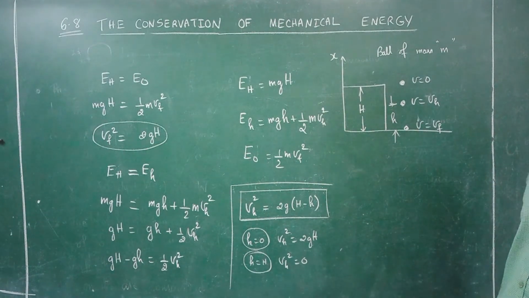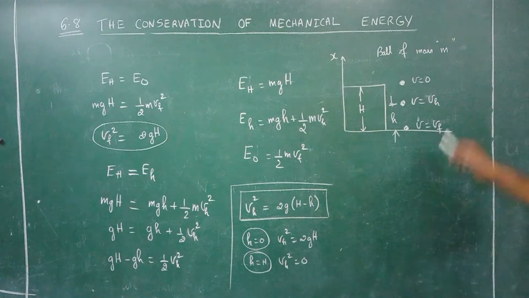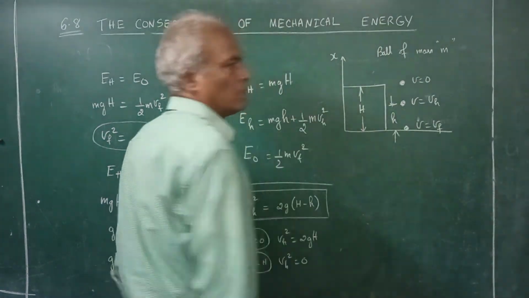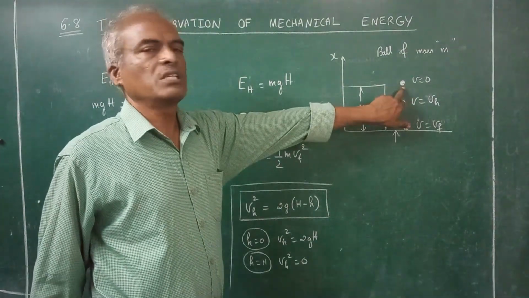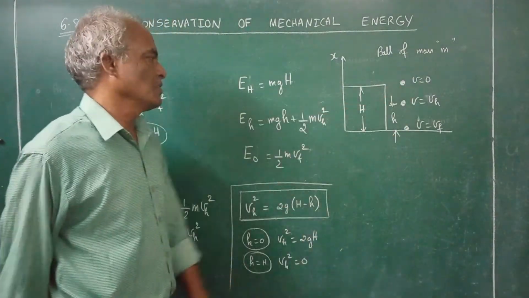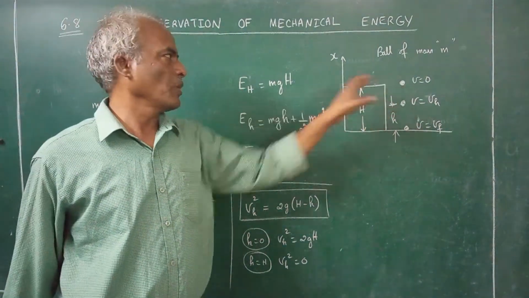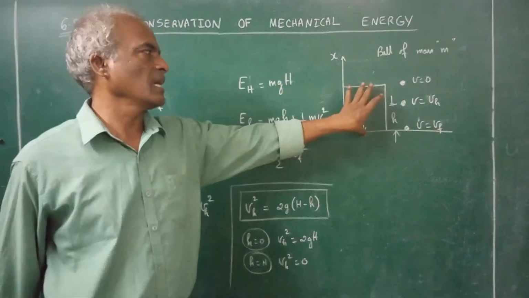So at this point v equals 0, but it has potential energy. At this height, potential energy is mgH, where H is the height.